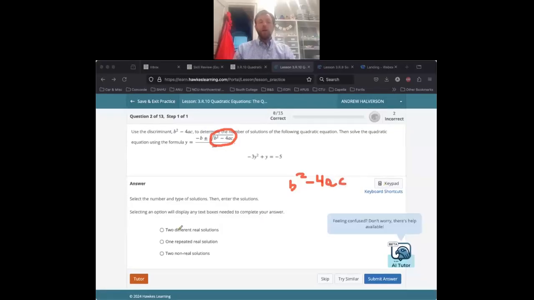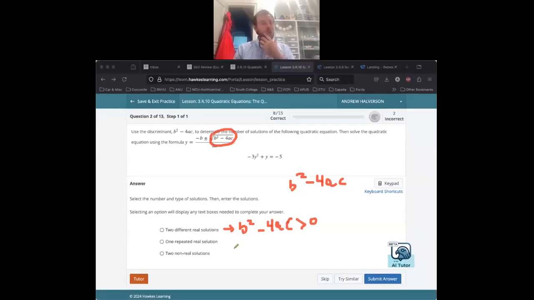Okay? So you have 2 different real solutions when the discriminant, when b squared minus 4ac is positive, greater than 0.